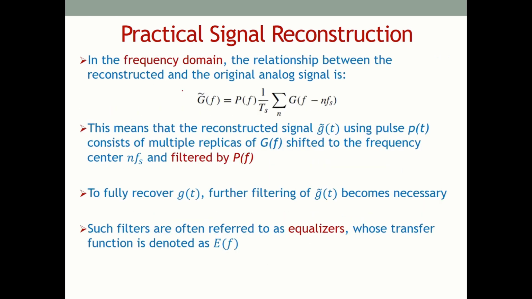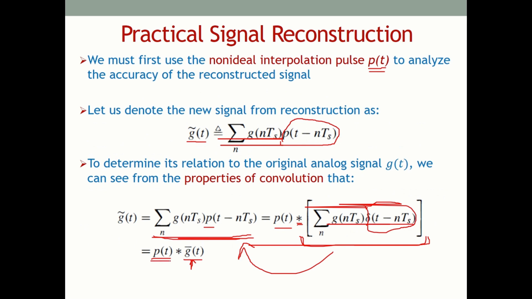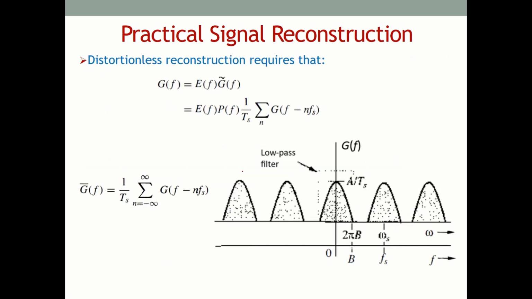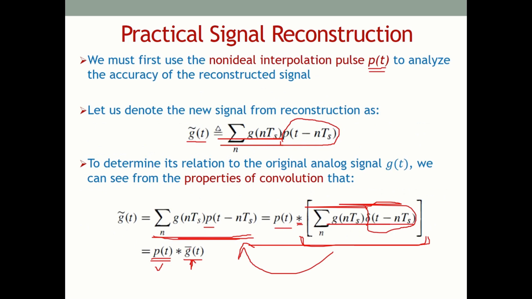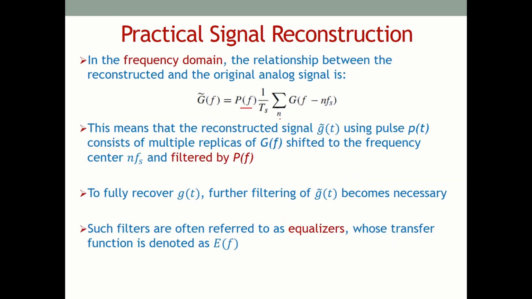In the frequency domain, we can write the expression with P(f). Since they are convolved in the time domain, in the frequency domain their Fourier transforms would be multiplied. The Fourier transform of p(t) is P(f). The Fourier transform of g'(t) from the impulse train sampling, we know, is the summation of G(f minus nFs).